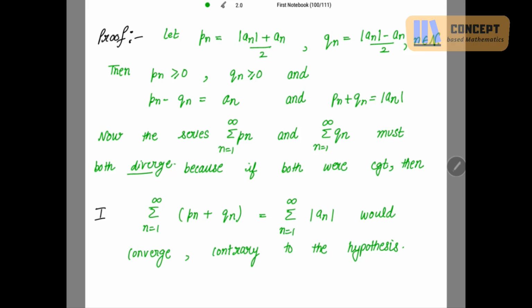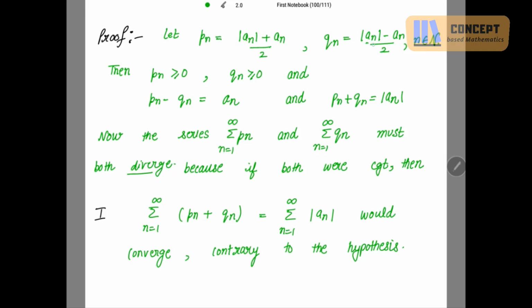You know this? So whenever An is strictly less than 0, the value will be minus An. And Qn equals 0 if An is greater than or equal to 0, because then the value comes out to be An and they cancel each other, so Qn becomes 0.